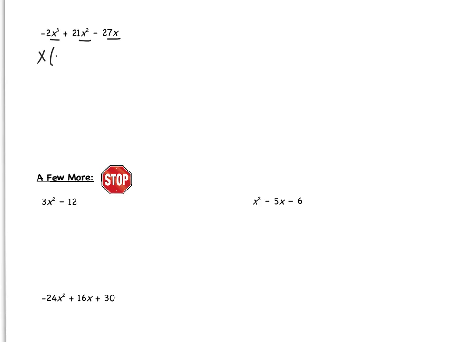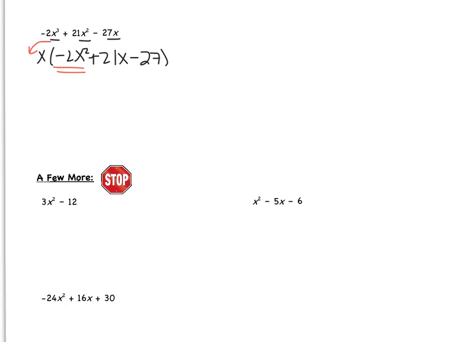When we do, we get negative 2x squared plus 21x minus 27. This looks much better than what we had before. Now, I am not a big fan of negatives, and I really don't like when the first term is negative. So what I'm also going to do is take a negative out from everything.